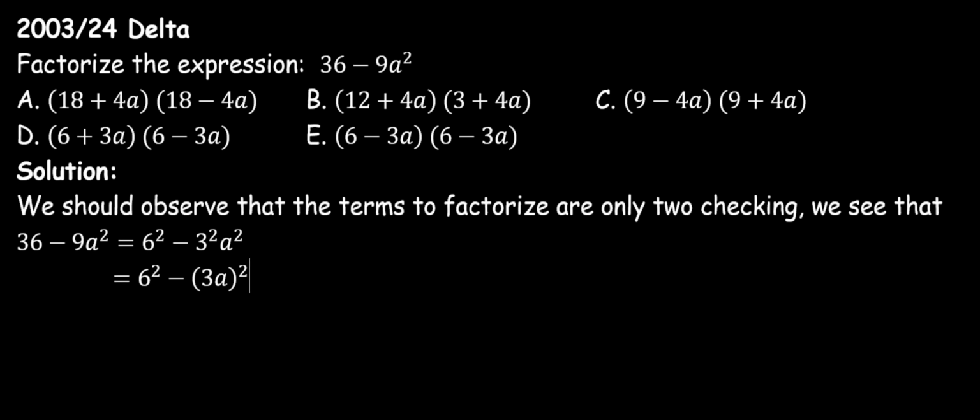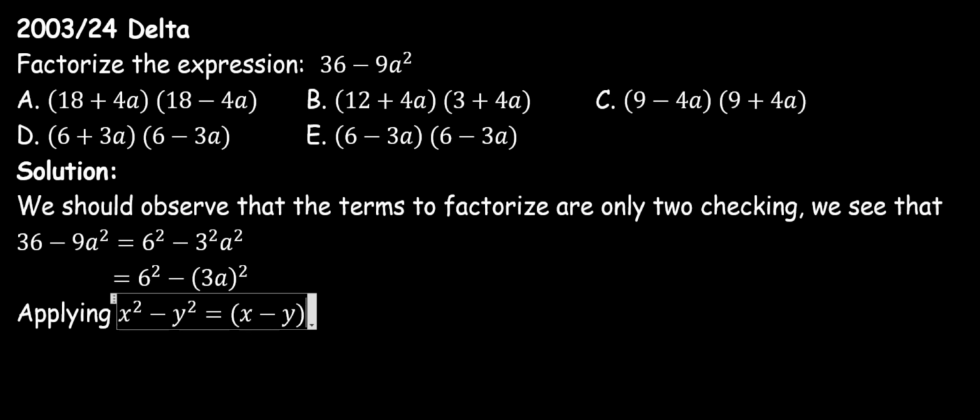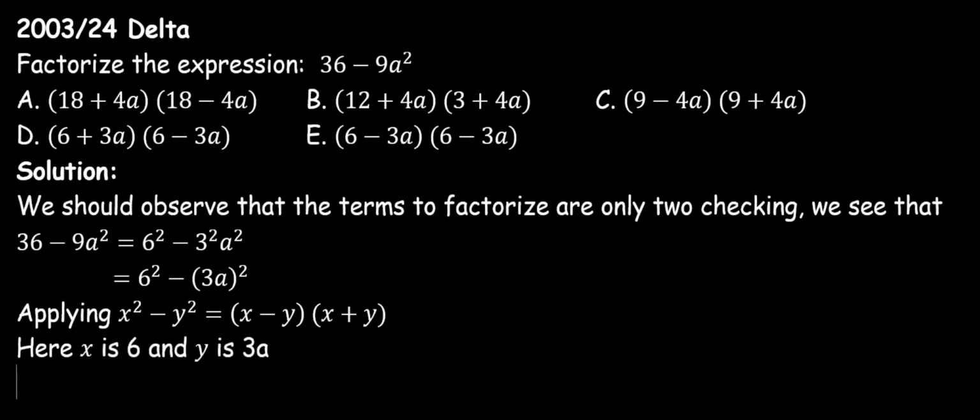Applying the difference of two squares rule, which says that x squared minus y squared equals (x minus y) into another bracket (x plus y). Here x is 6 and y is 3a. Thus, 6 squared minus (3a) squared will be equal to (6 minus 3a) into another bracket (6 plus 3a). That's our result.